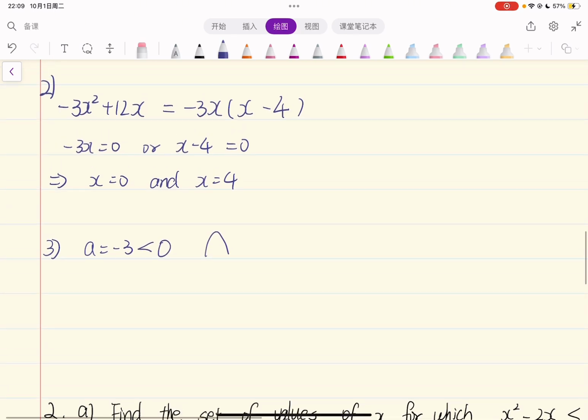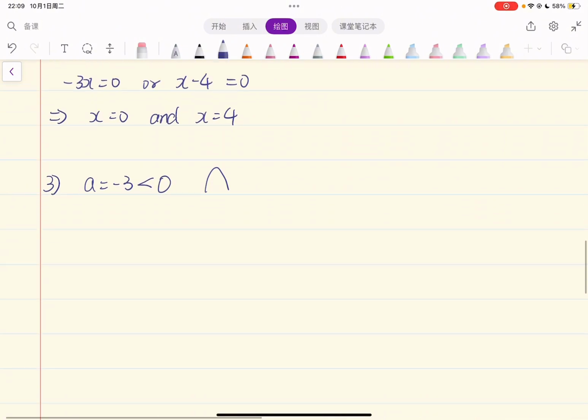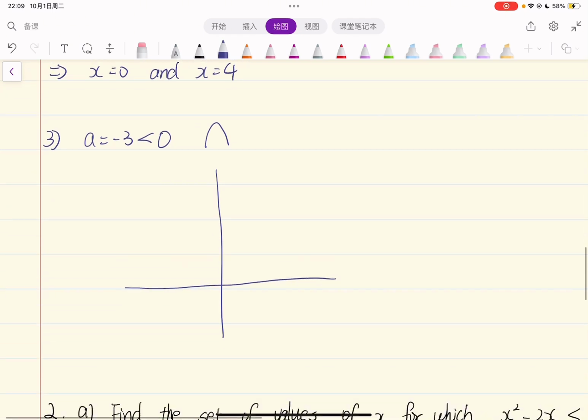We know the critical values, the roots of the function, one is 0, one is 4, so the curve crosses at x equals 0 and x equals 4. Then we simply sketch that: the sad face, at 0, and maybe here is 4.